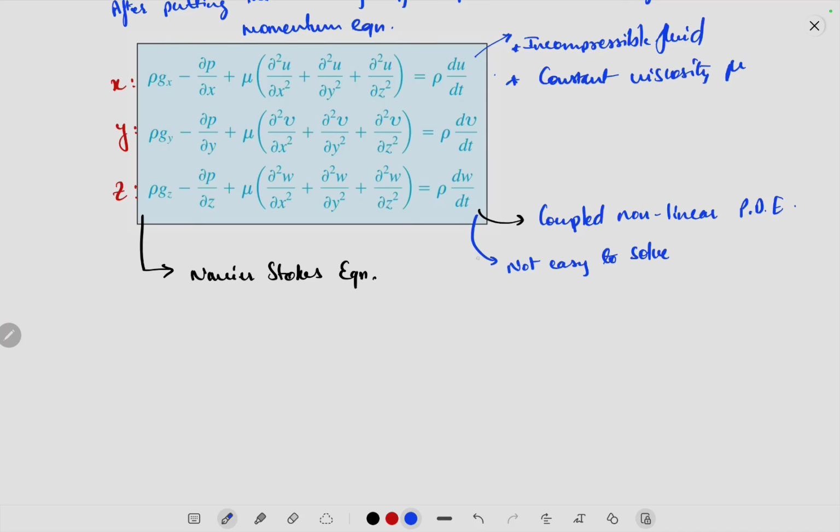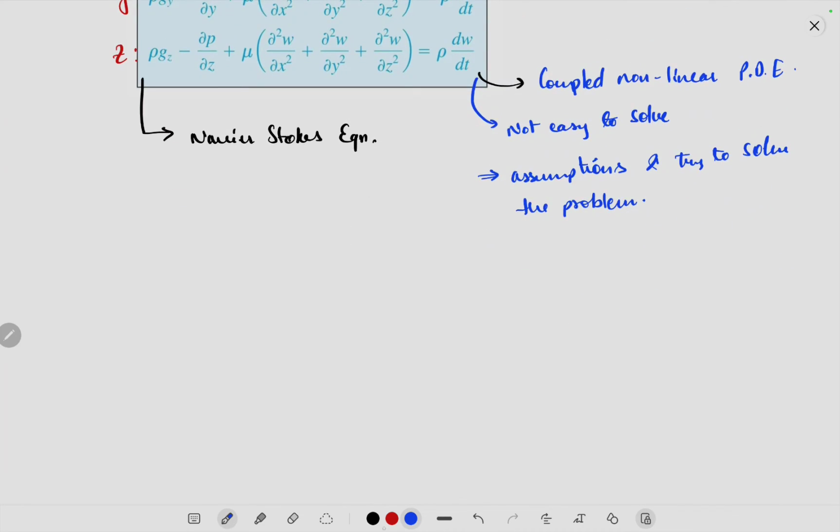So what we usually do in fluid mechanics, when we are given a problem and we have to apply the Navier-Stokes equation, is take a lot of valid assumptions that do not change the physics of the problem, and try to solve the problem.